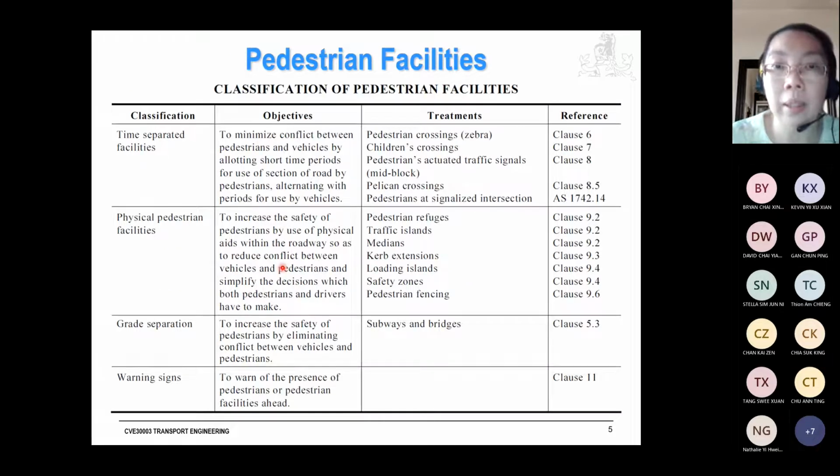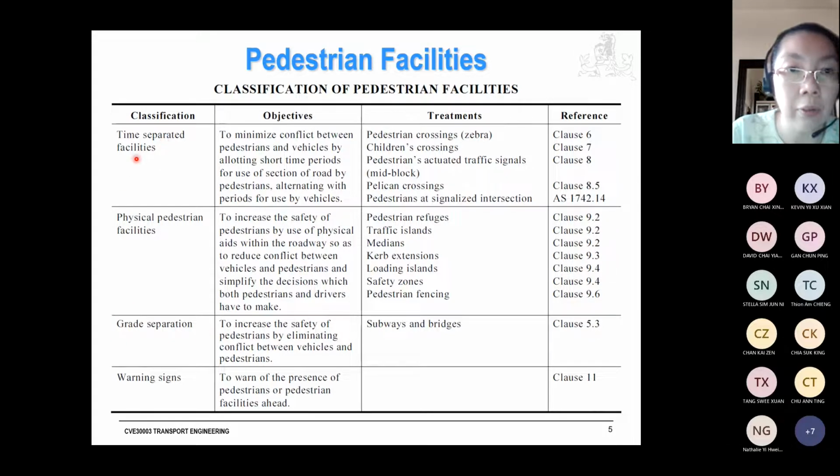Right, so then we look at the different pedestrian facilities that are available, and we categorize these facilities into time-separated facilities, physical pedestrian facilities, and grade separation, as well as warning signs. Okay, but mainly we concentrate on the first three. All right.